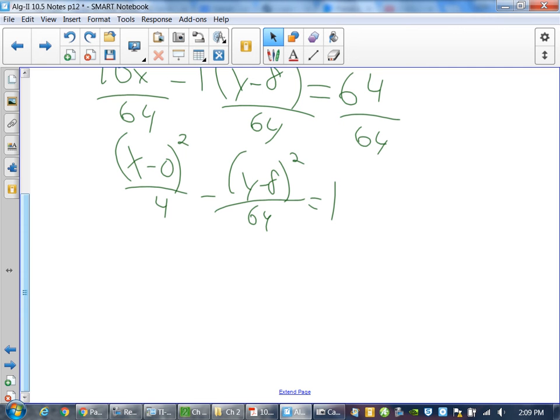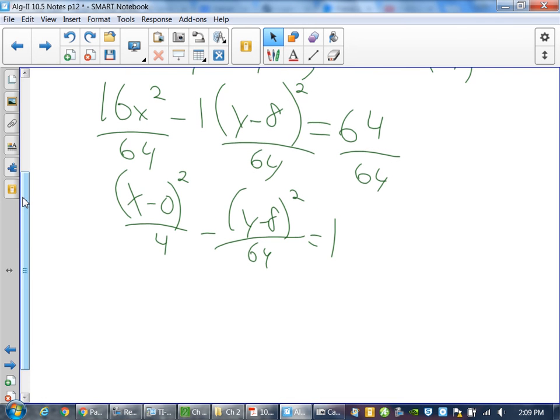So you wind up with that. So you don't have to throw that x minus 0 in there if you don't want to. Just remember that your h value is going to be 0 in this case. It has to be because there's nothing else through it, and then just go from there. Okay?